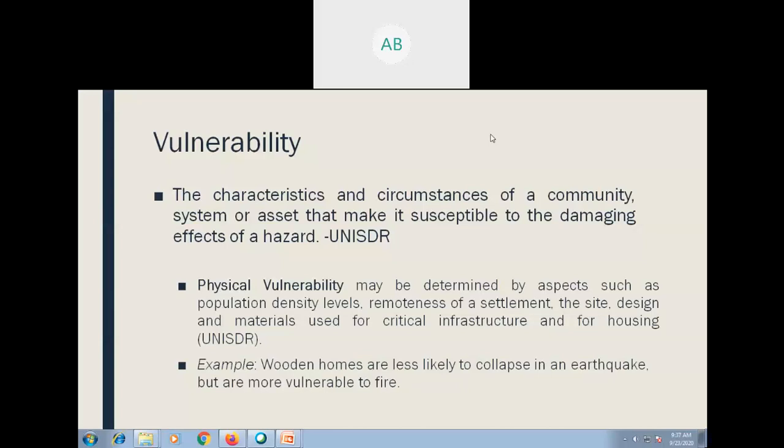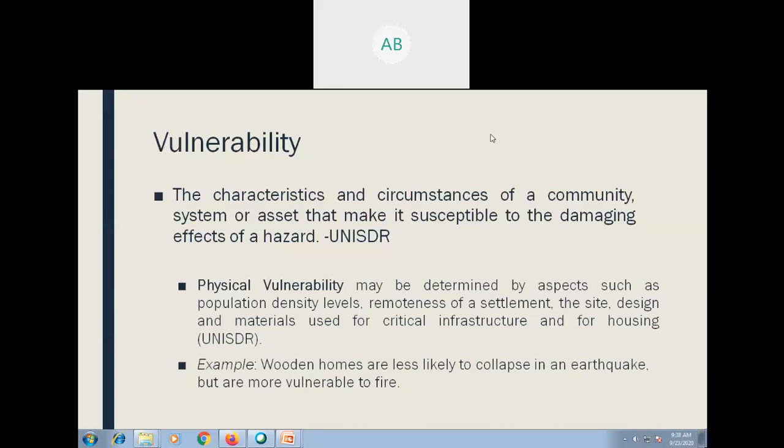Then also the remoteness of a settlement. If someone is more remote from the critical infrastructure facilities, like during the time of a disaster, if your accessibility to a hospital or to good roads is not there, probably you will be more vulnerable. It also goes to the site where you were staying, the topography. Those kinds of things also determine it, and these come into the broader context of physical vulnerability.